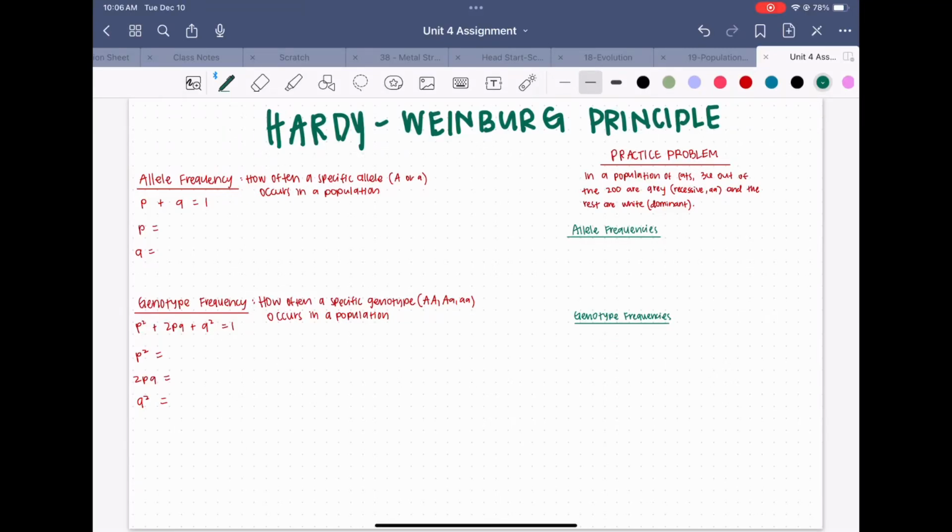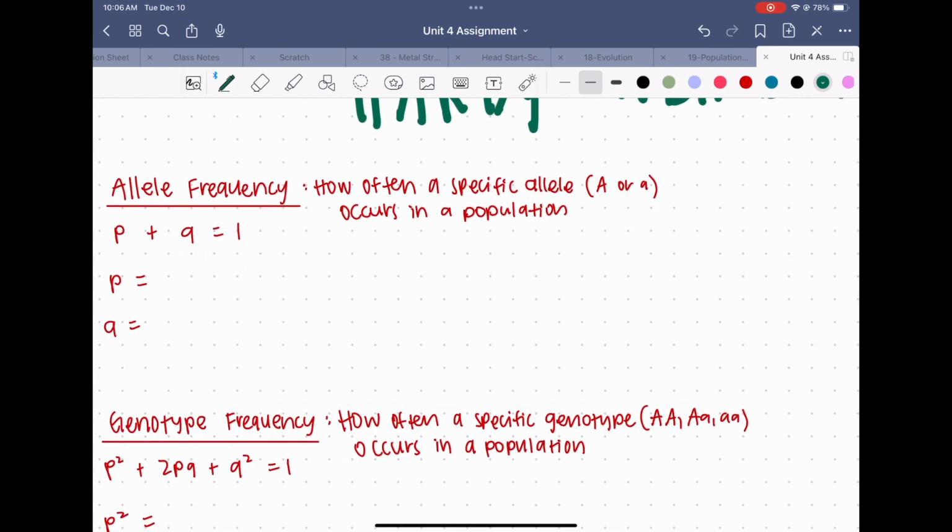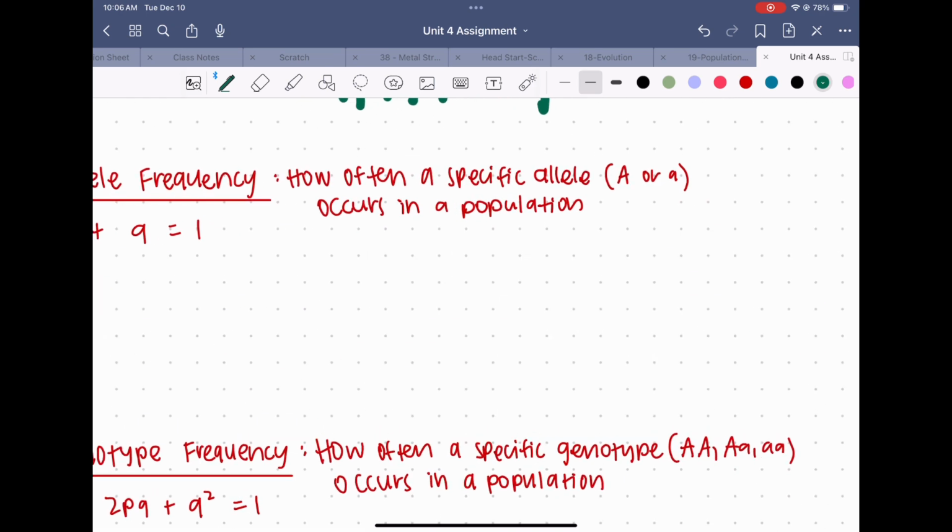Okay, so I'm going to talk about the Hardy-Weinberg principle, and we'll just start by talking about the different kinds of frequencies we look at.